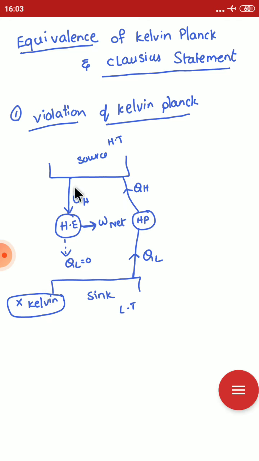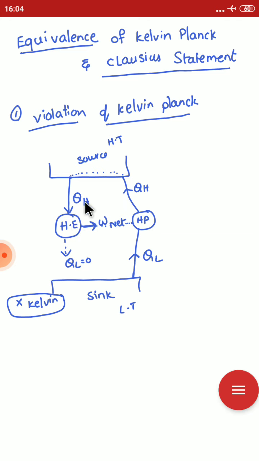If you observe this carefully and combine these two bodies, whatever work W net is extracted from the heat engine is used to run the heat pump. Whatever energy is rejected from the heat pump is equal to the heat supplied to the heat engine, QH.